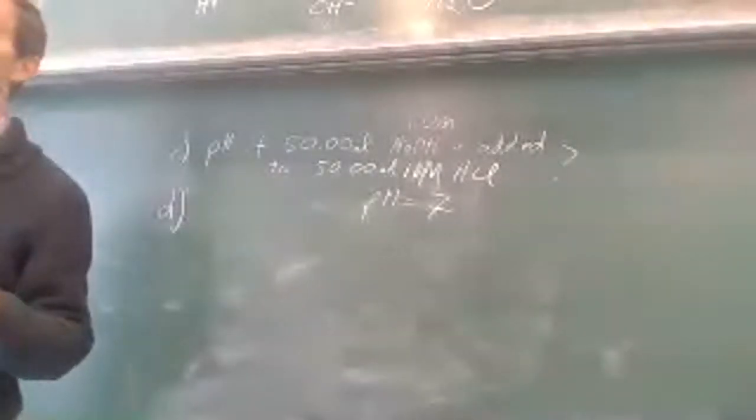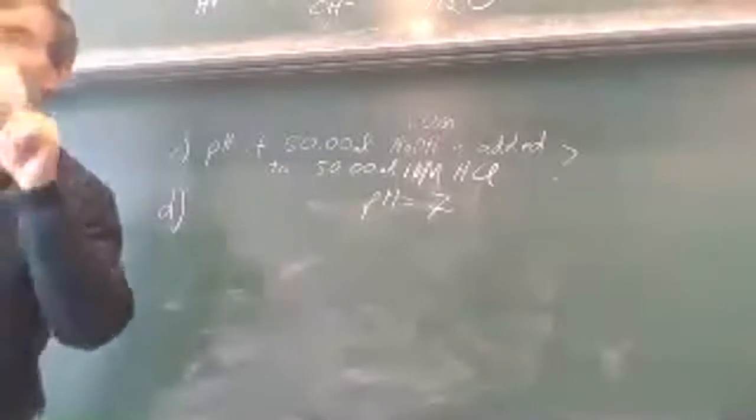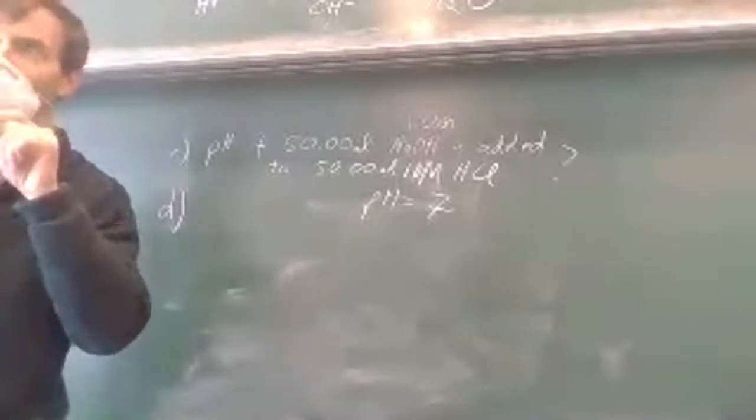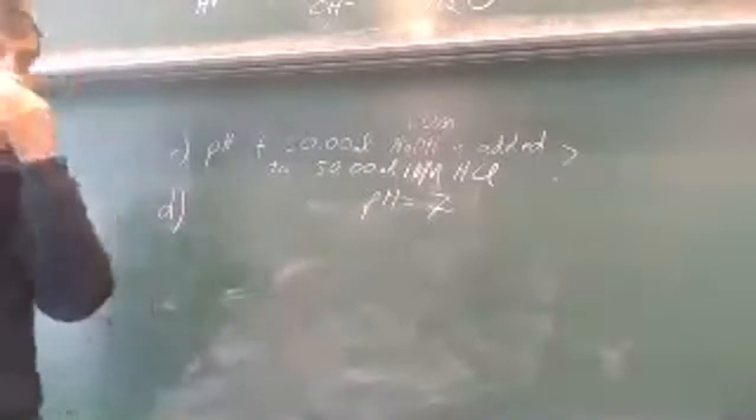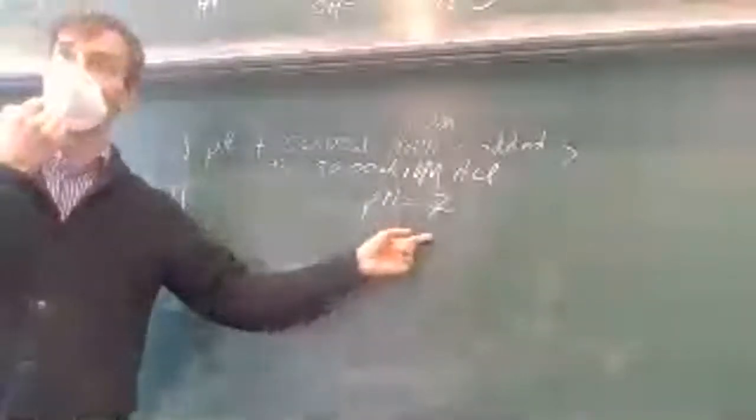Now this is kind of weird. Okay, check this out. When I had 49.99, my pH was 4. That's fairly acidic. And yet I added 0.01 milliliters more, and suddenly it's up to neutral.